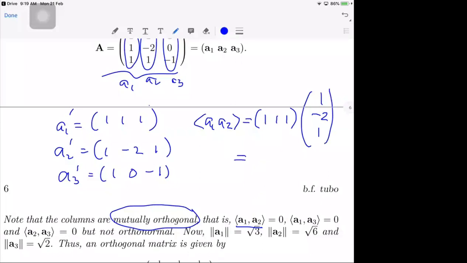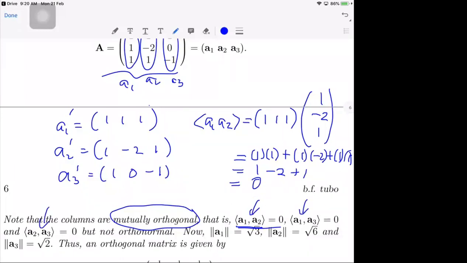If you do a vector multiplication here, that is 1 times 1 plus 1 times negative 2 plus 1 times 1. So this is 1 minus 2 plus 1, and that is equal to 0. You can do that for all i from 1 to 3. So you look at the inner products of A1, A2, A1, A3, and A2, A3, and all of them are equal to 0. So we say that it's orthogonal.